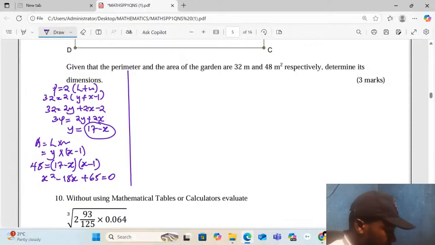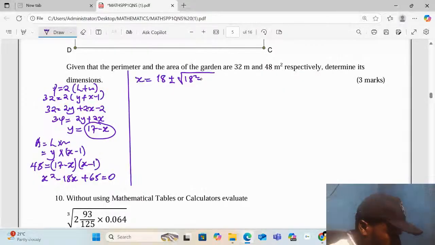The quadratic formula gives the value of x as negative b, that is minus b, plus or minus the square root of b squared, that is 18 squared, and then minus 4 times 65.